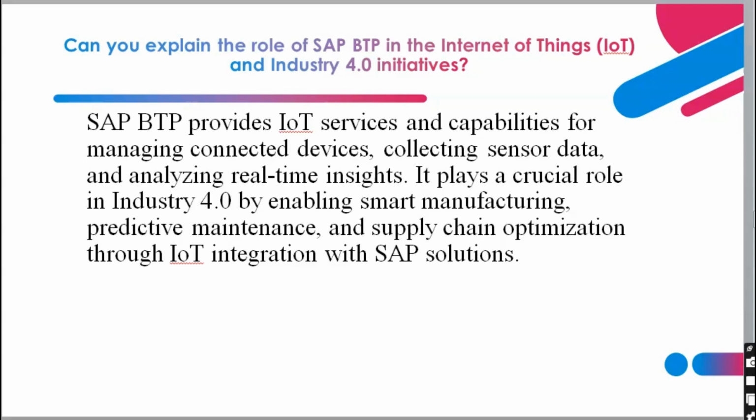Answer: SAP BTP provides services and capabilities for managing connected devices, collecting sensor data, and analyzing real-time insights. It plays a crucial role in Industry 4.0 by enabling smart manufacturing, predictive maintenance, and supply chain optimization through integration with SAP solutions.